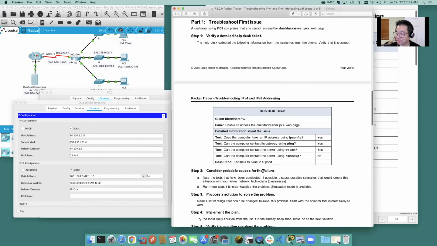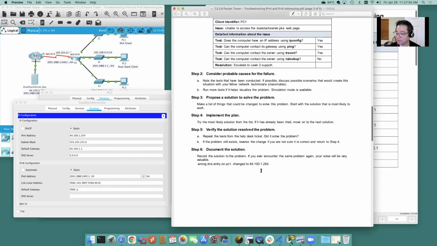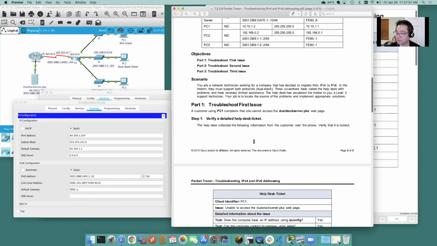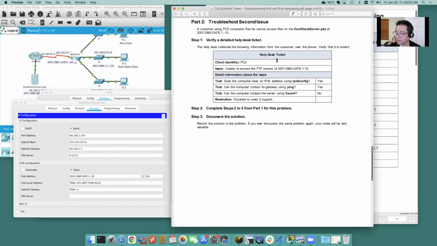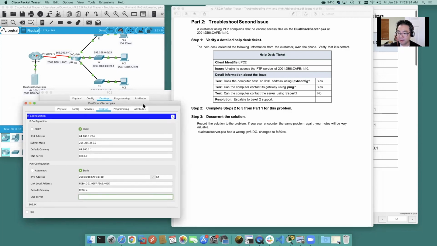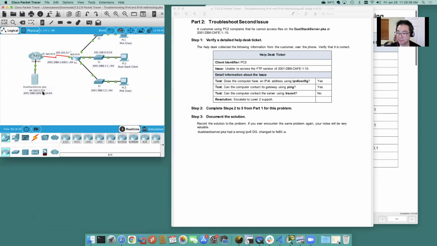All right, so that was the first one there. Dual stack server: wrong IPv6 default gateway. Changed to FE80::A. Okay, good. On to the next.